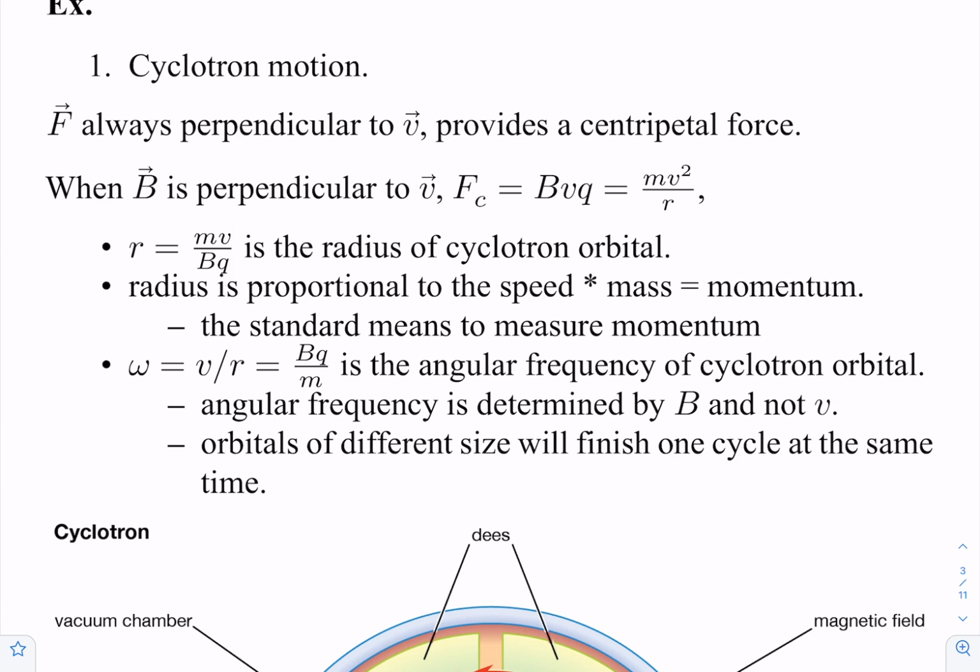If you don't remember, you can also derive it from this ma, where a is related to the change of velocity. So a is V dot, which is dV dt.